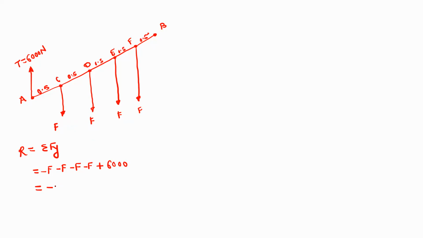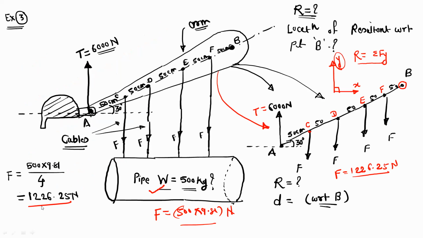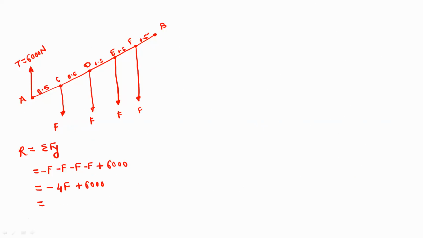So this is equal to minus 4 into F plus 6000. So F value is equal to 1226.25, plus 6000. Okay. So we will get the answer for the resultant.